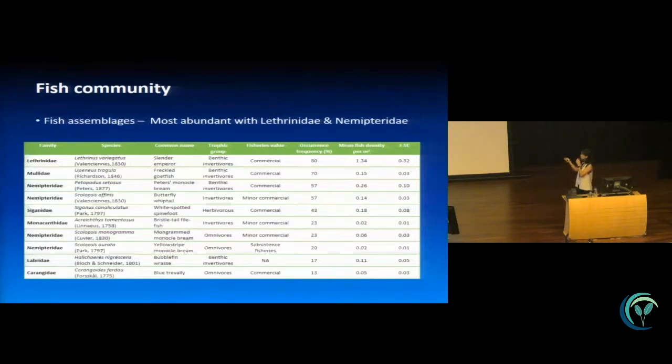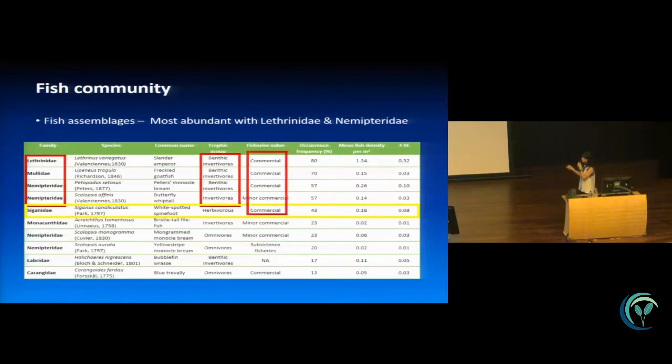From the video data, we found the 10 most abundant fish in here, and the most abundant are the emperors and the breams. They are mostly benthic invertebrate feeders, feeding on the seagrass sandy area for macro invertebrates. And an honorable mention is the siganid here. They are the only herbivore fish that we found in the seagrass area, which is quite surprising also.